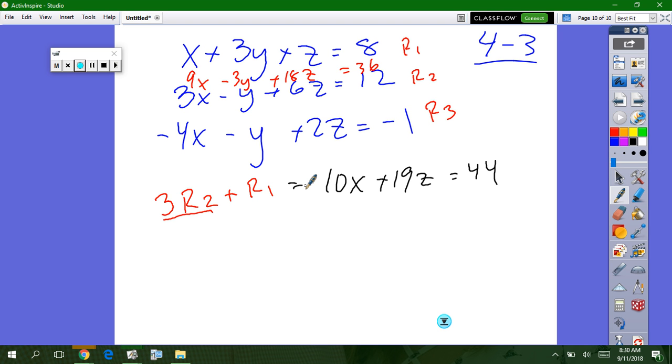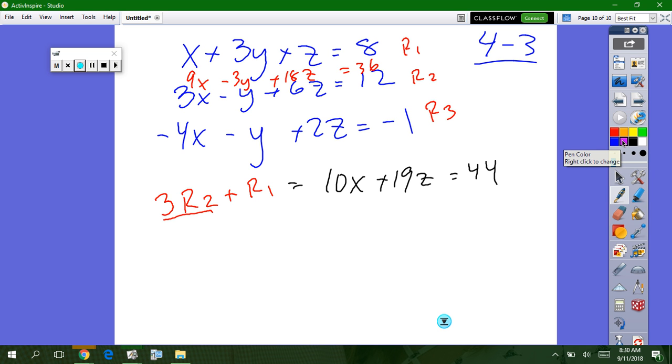With me? Okay, so now notice what variable is missing down in this equation? Y. So what variable do I want to eliminate again? Y. So that I just have x's and z's, because then it's just like what we just did in the previous problems, right? So my next one that I'm going to do is I'm going to multiply this row by what? 3 again, am I not?